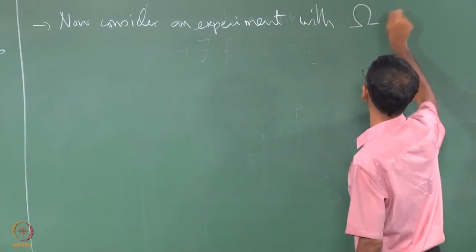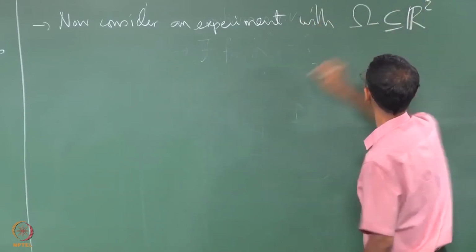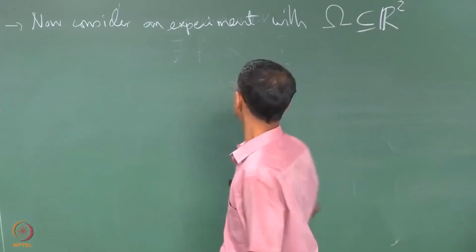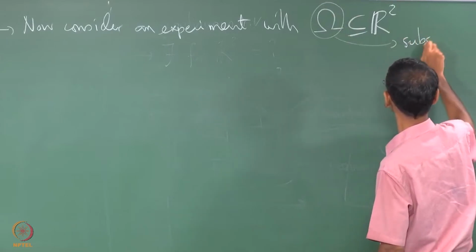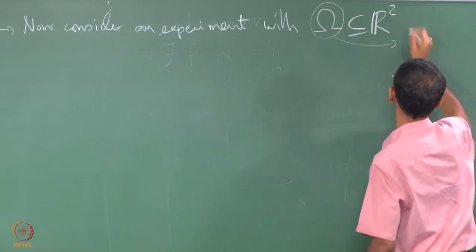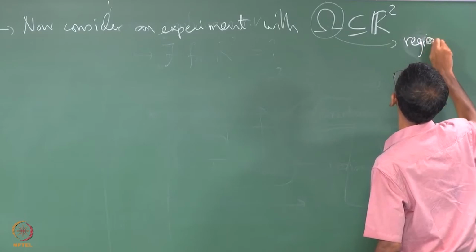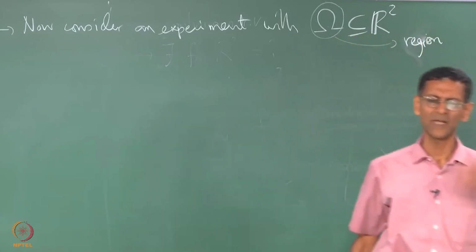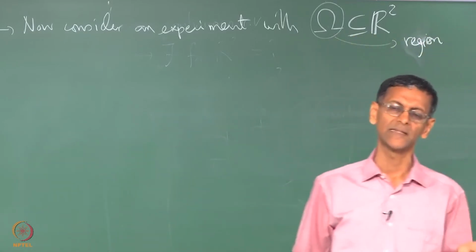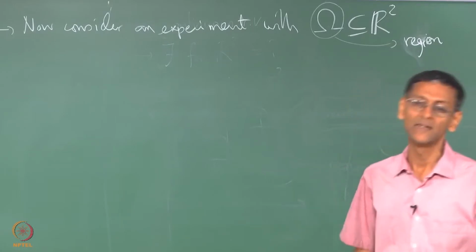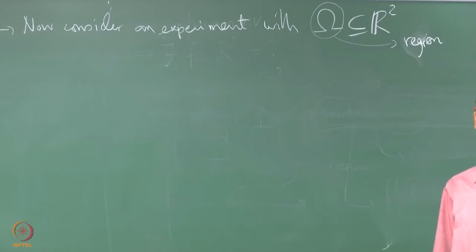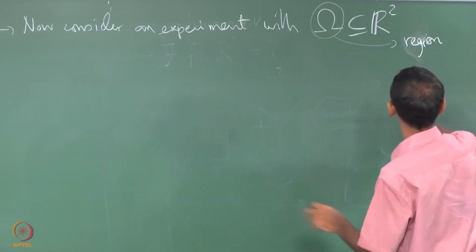Some omega is a subset of the plane. Let us say this has finite area. This itself is a region. The omega need not be the whole plane, just like in the real line case we could get some portion of the real line.